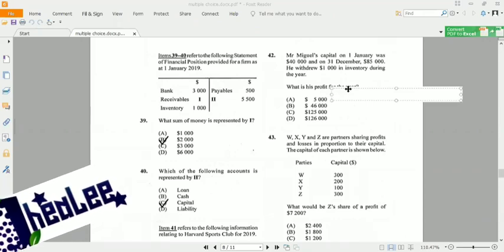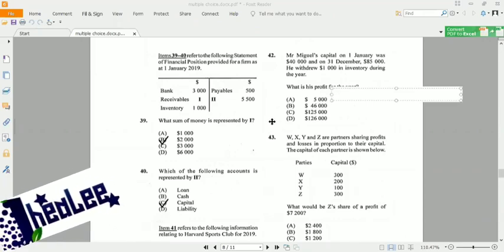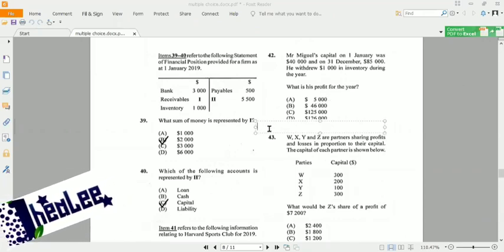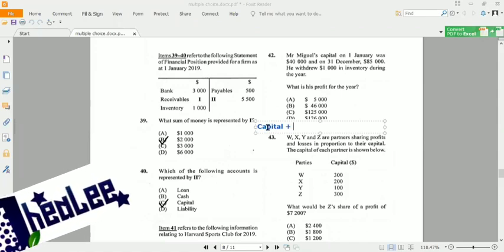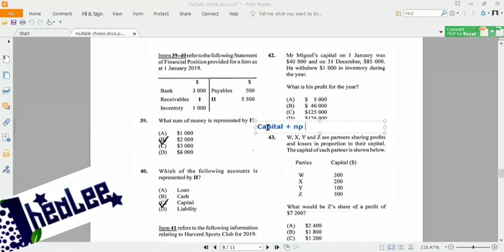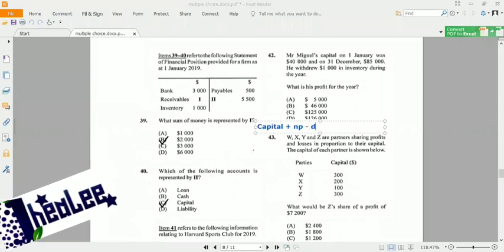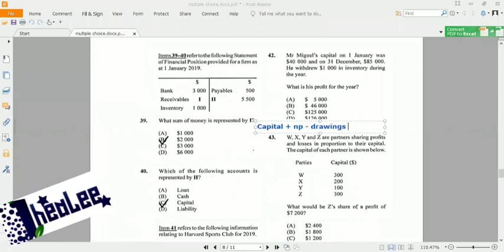So we have this simple equation, in the balance sheet section: capital plus net profit minus drawings gives us what is called closing capital.